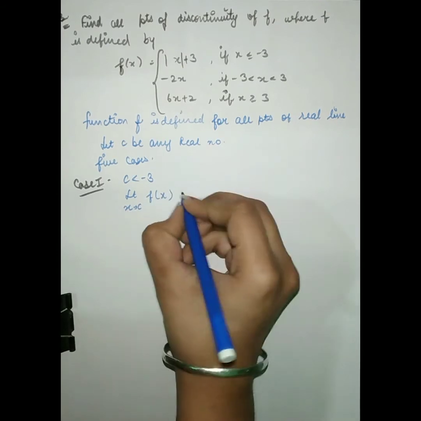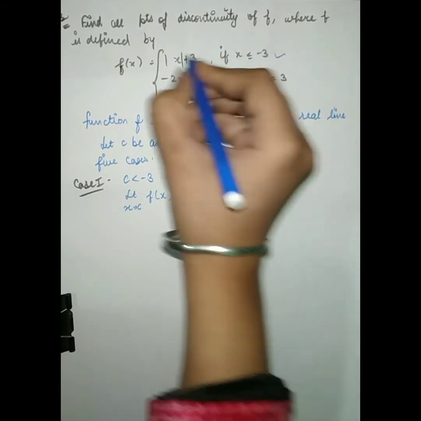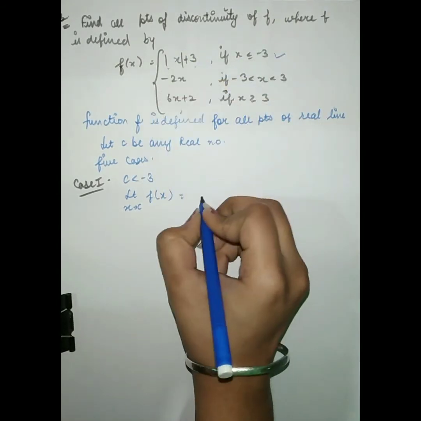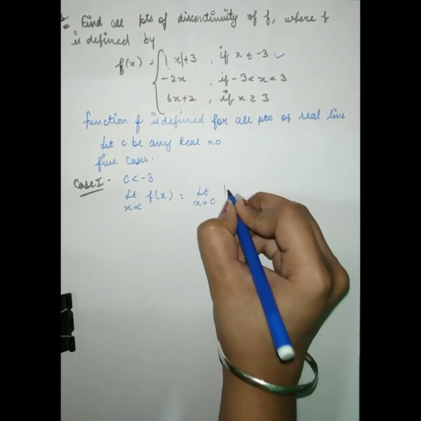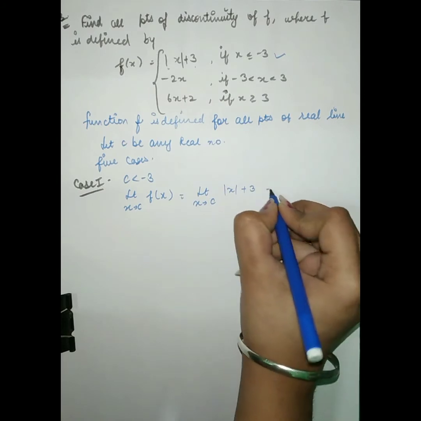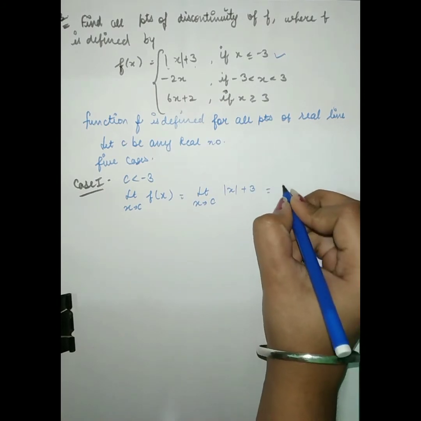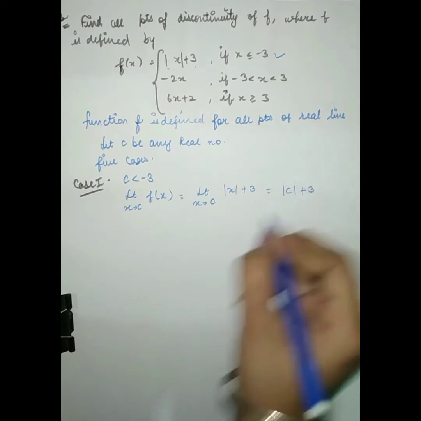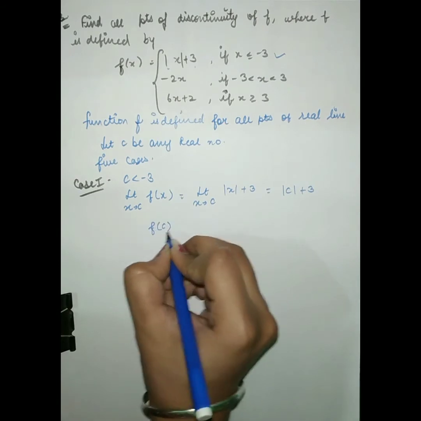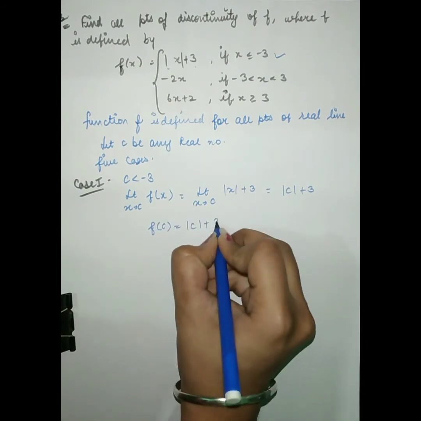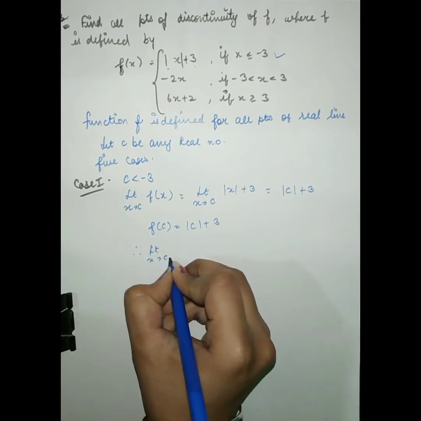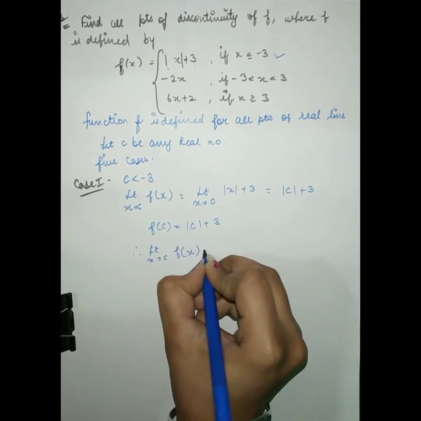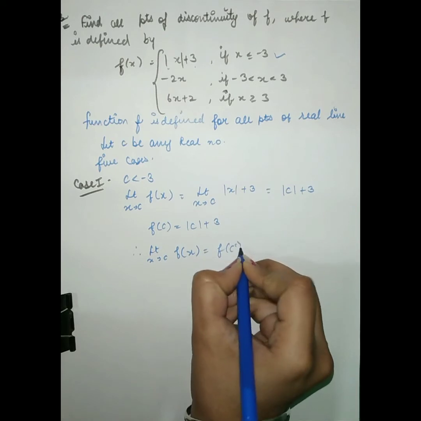That means for this case the function is the limit as x approaches c of mod of (x plus 3). Here we put the limit, then we get mod of (c plus 3). That means f(c) will become mod of (c plus 3). Therefore the limit as x approaches c of f(x) will be equal to f(c).